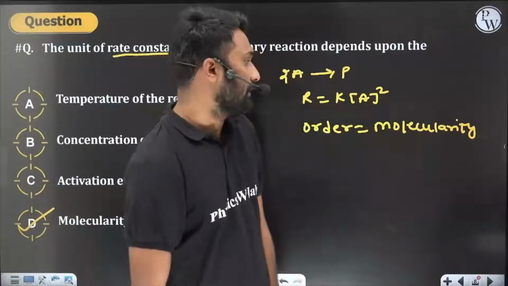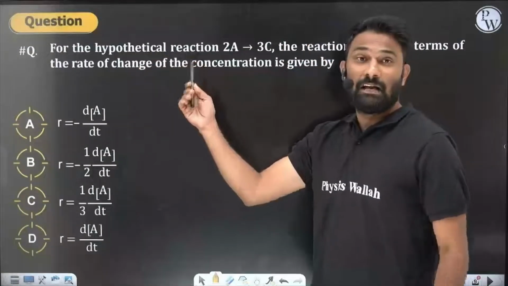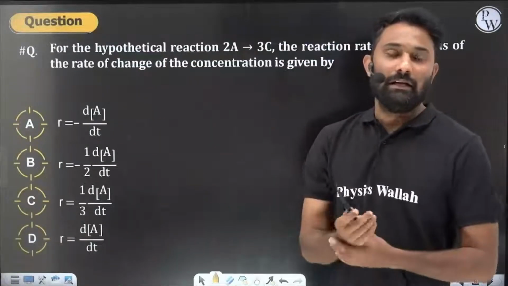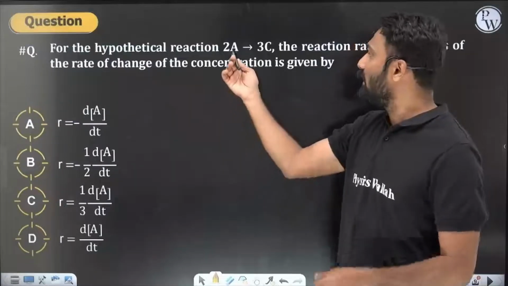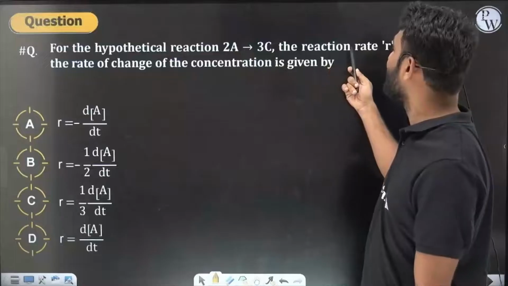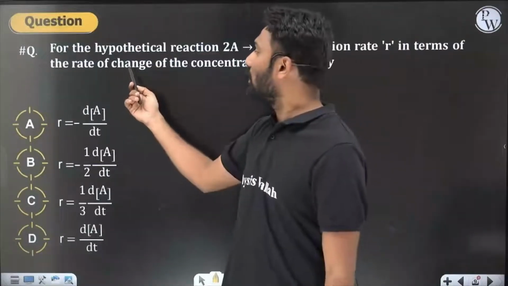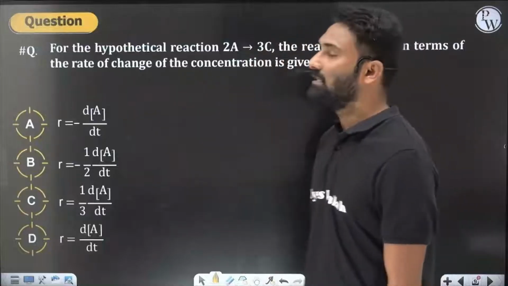Okay, next. For a hypothetical reaction, meaning some imaginary reaction, 2A gives rise to 3C. The reaction rate R in terms of the rate of change of concentration is given by?